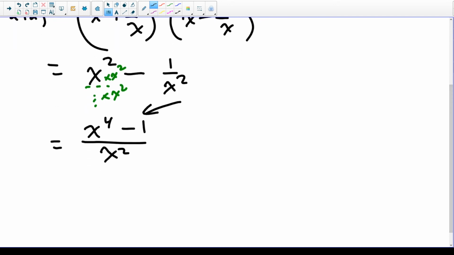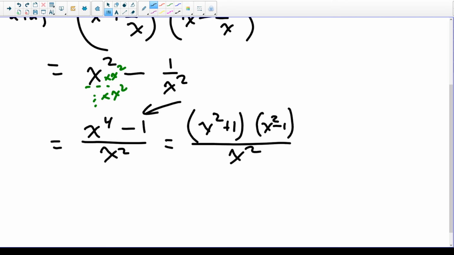But what's that? That's another difference of squares. So I could write that as x squared plus 1, x squared minus 1, all over x squared. But what's that?